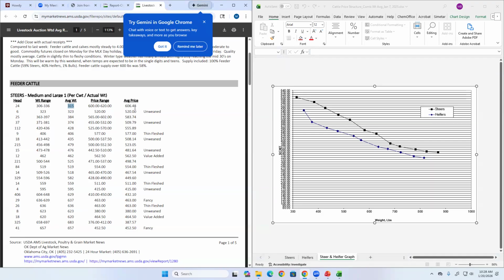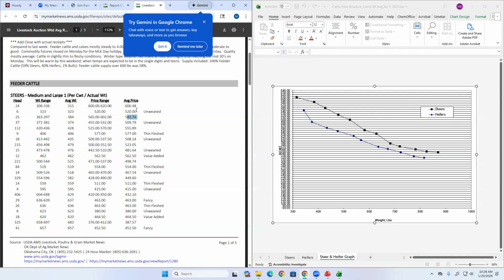And look at the average price. So they received a substantial discount compared to this group. And even this group here that's 60 pounds heavier received more dollars per hundredweight than this unweaned group. So unweaned cattle are receiving a discount relative to typical cattle.